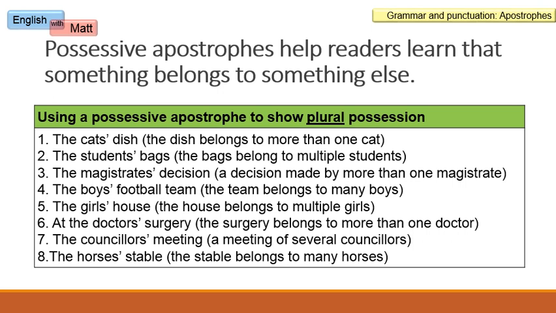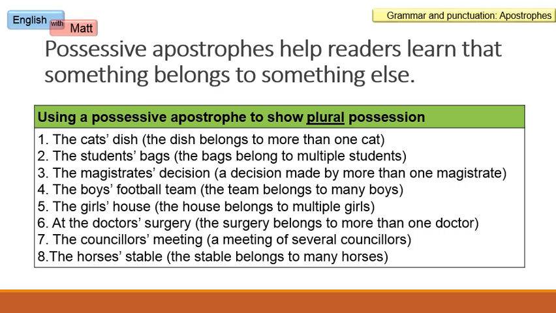We have to put the apostrophe completely at the end of the word. And this tells us that more than one thing owns something. So the stable belongs to more than one horse. The meeting belongs to more than one counsellor. The house belongs to multiple girls, and so on. So if you want to show more than one thing owning something, you would put the apostrophe at the end of the word after the S.